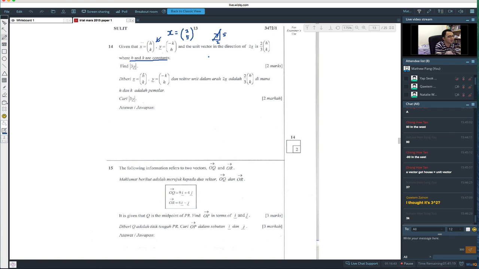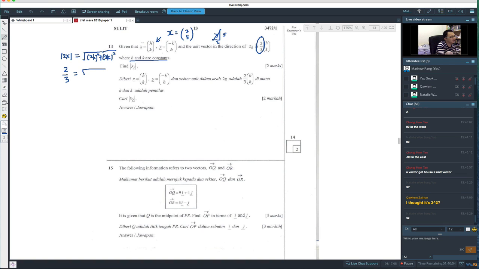Okay, so I know the unit vector is the reciprocal of the magnitude multiplied by the vector x. Just now I did the magnitude of 2x, and I hope I got it correct. It's just the square root of 2h squared plus 2k squared. From here, the whole thing should equal 2 over 3.